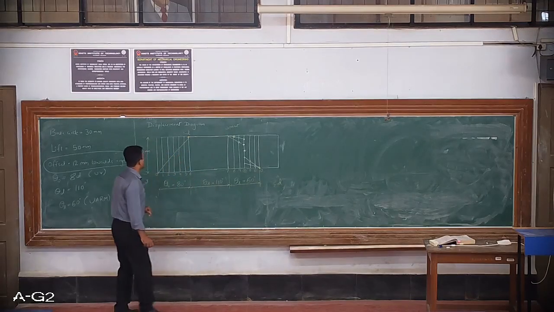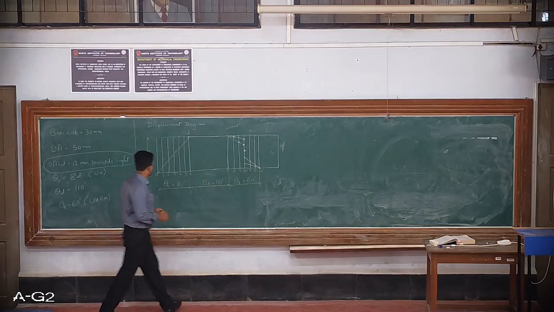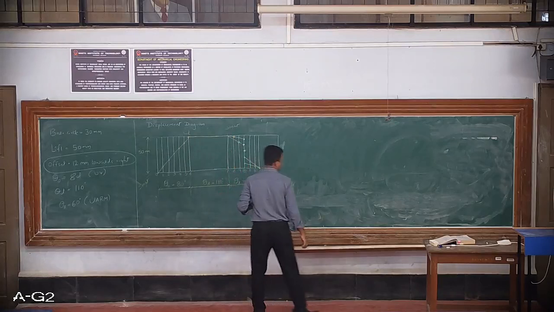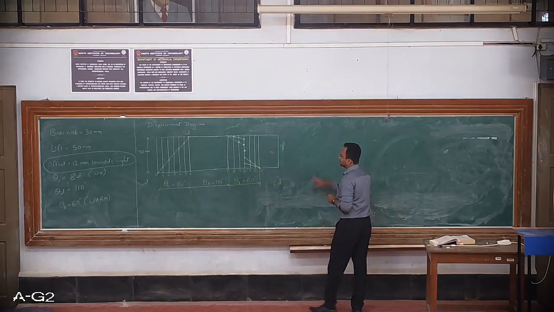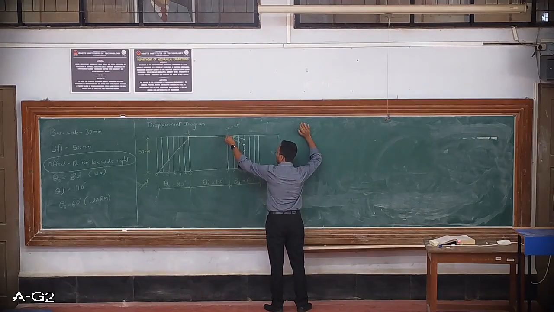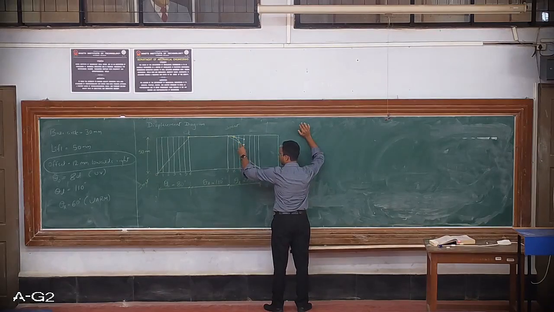In the rise stroke also we can highlight the intersection points. Line number 1 is intersecting over here, line number 2 over here, line 3, line 4, line 5 and 6. Now I am going to join all these intersection points by a smooth curve from the start, passing through all these points.